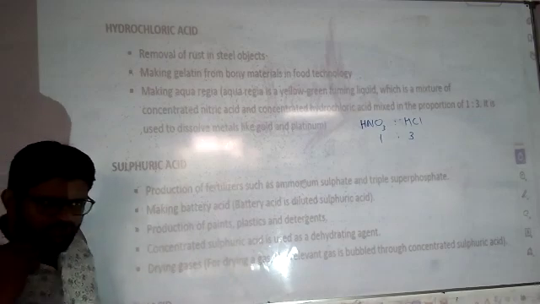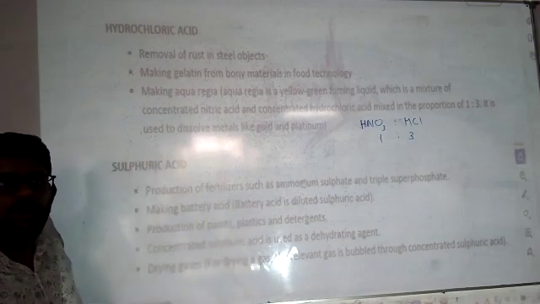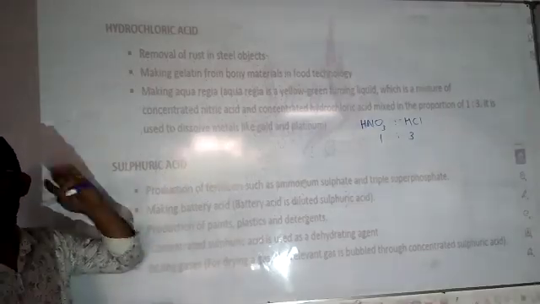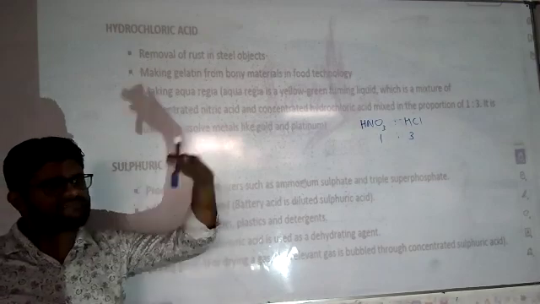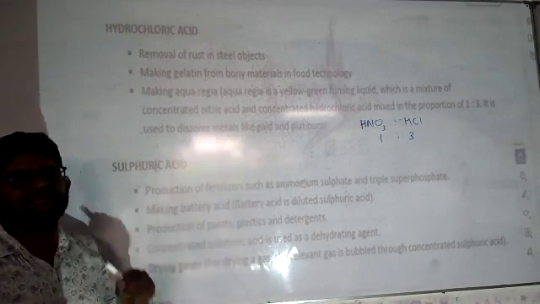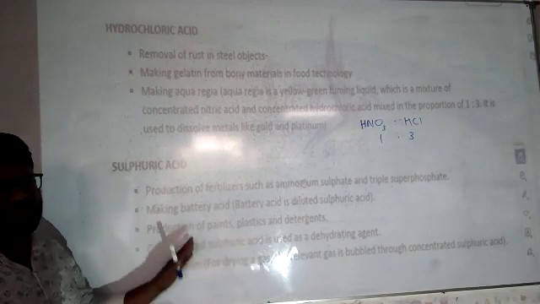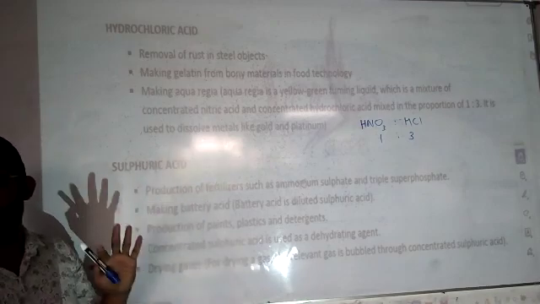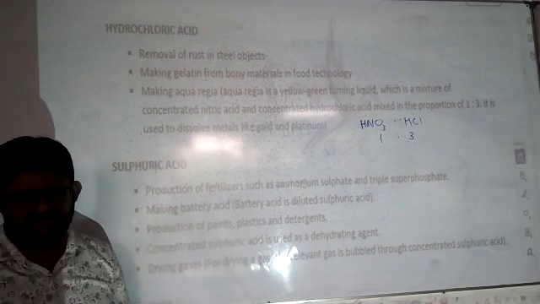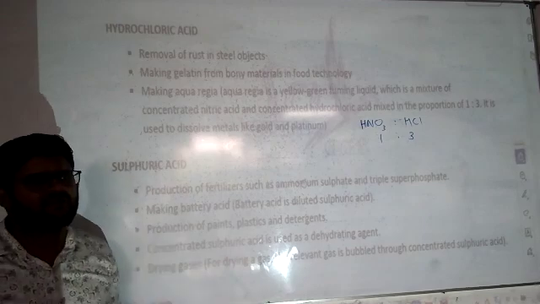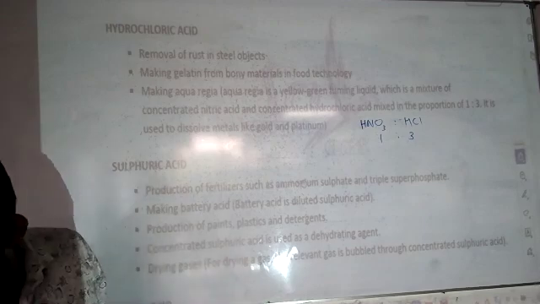When the gas moves through sulfuric acid, all water vapors are absorbed by the sulfuric acid, so the gas which comes out in the output is a dry gas. So for drying gases also we use sulfuric acid, because sulfuric acid is a dehydrating agent. Do you understand that? Sulfuric acid can absorb water and dehydrate the component. And the next one is acetic acid.